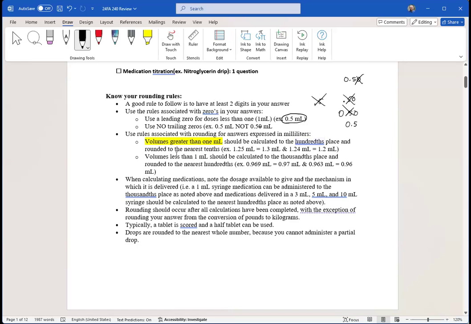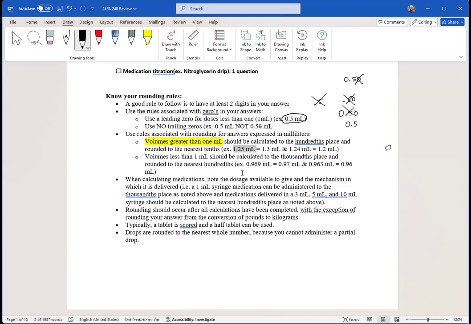The way this is worded is a little bit funky, but let's say I have, as an example, 1.25 milliliters. That is a perfectly fine number, and probably would be acceptable if you have a syringe that measures down to that marker. But what they want you to do is round that number to the nearest tenth.